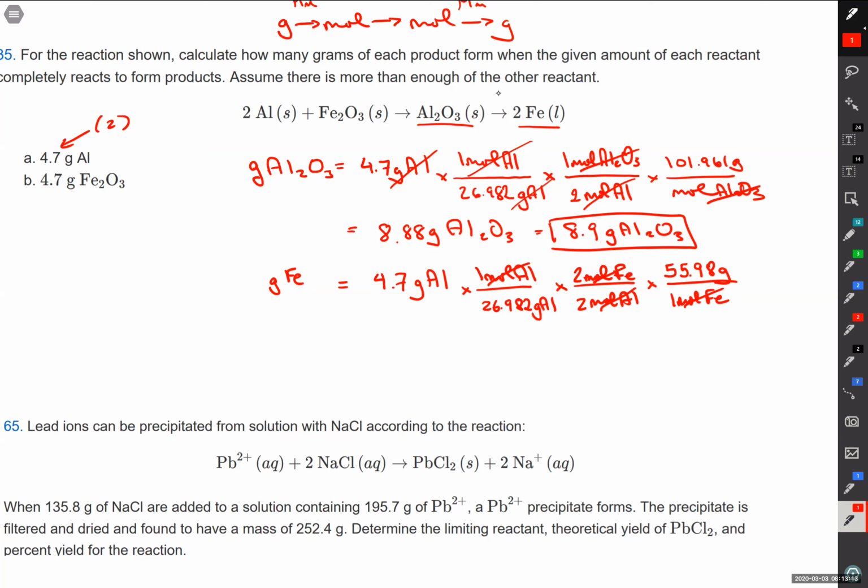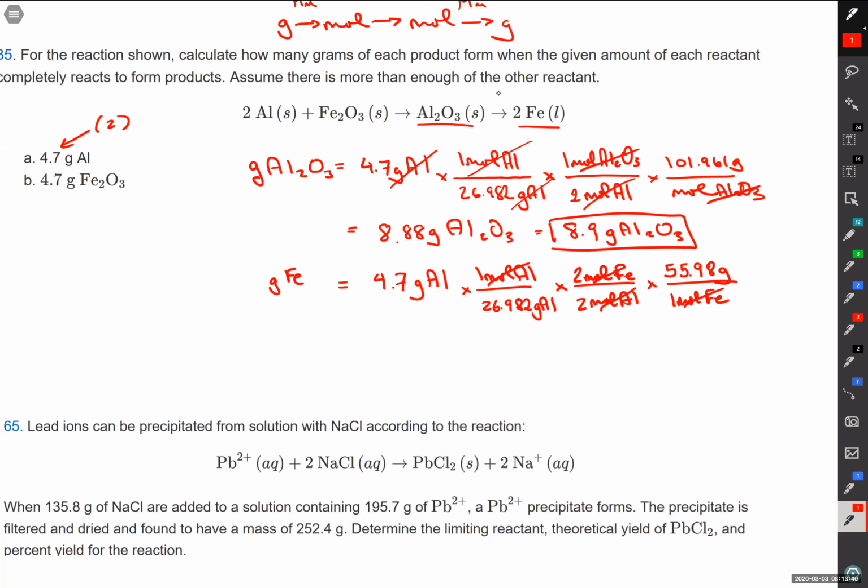They can only do that if you only use the mole ratios, these numbers, the stoichiometric coefficients. If you only use them at this step here, then you could just have the mass of aluminum for the calculation and the mass of the iron or the mass of the aluminum oxide. You don't have to factor in all that other stuff.